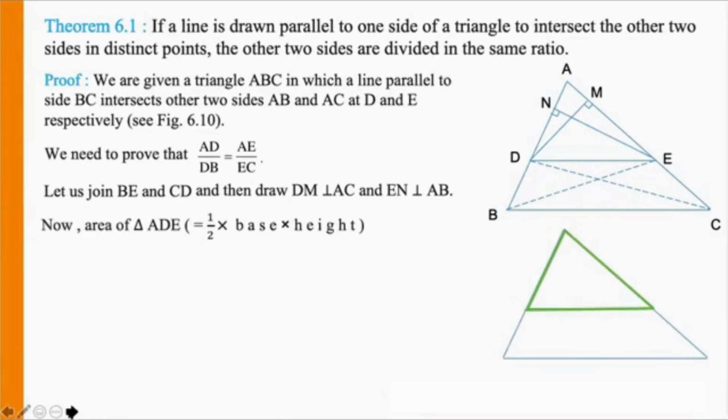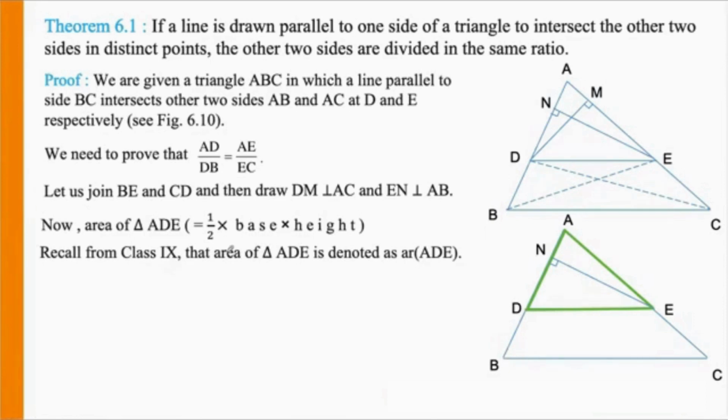Now, area of triangle ADE. We look at the top triangle ADE, which is half into base into height. We can take AD as the base, and then EN becomes the height of the triangle.